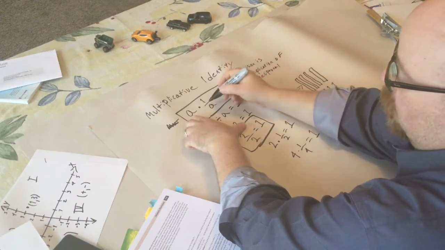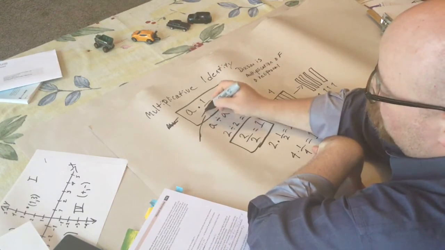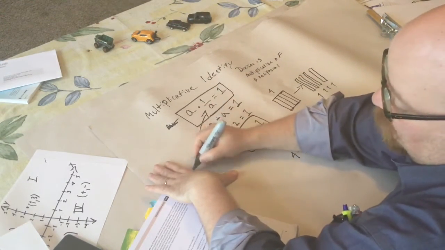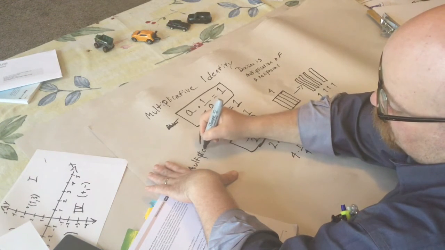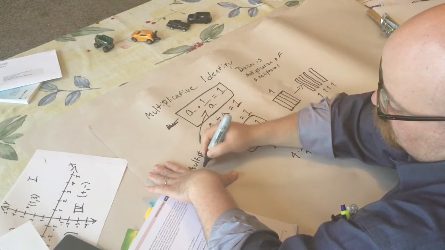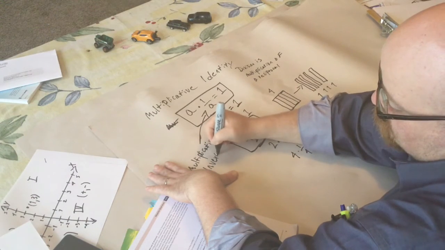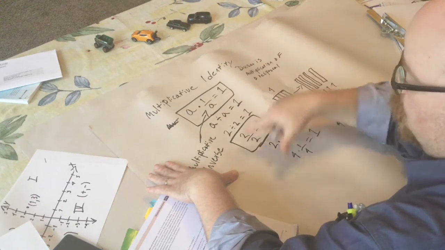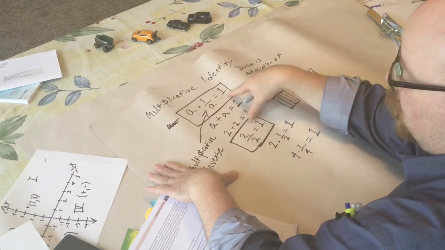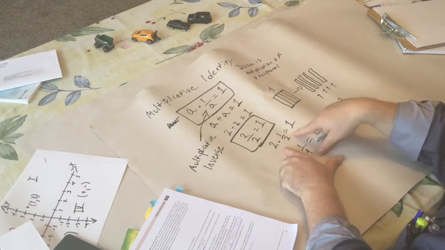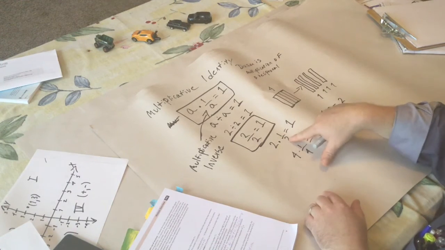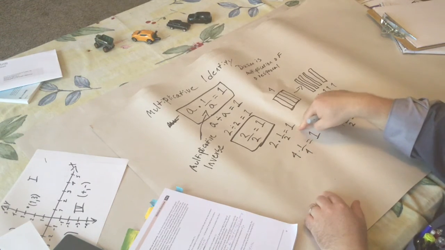Or the other way that we refer to this number is the multiplicative inverse. All right, so the multiplicative inverse of A is 1 over A. The multiplicative inverse of 2 is 1/2, because the product of 2 and 1/2 gives me 1.